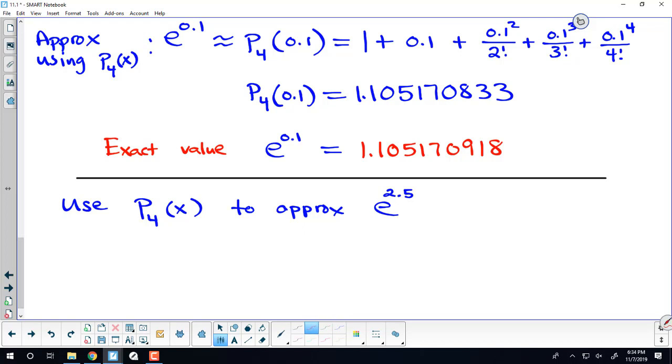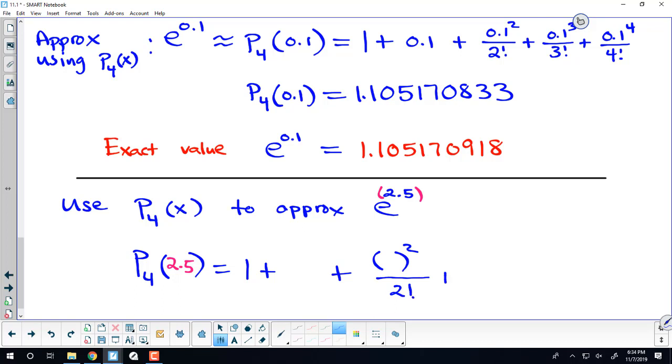When we say approximate e to the 2.5, this now is our x value. So we're going to say p sub 4 of 2.5 is 1 plus x squared over 2 factorial, x cubed over 3 factorial, and x to the 4th over 4 factorial.